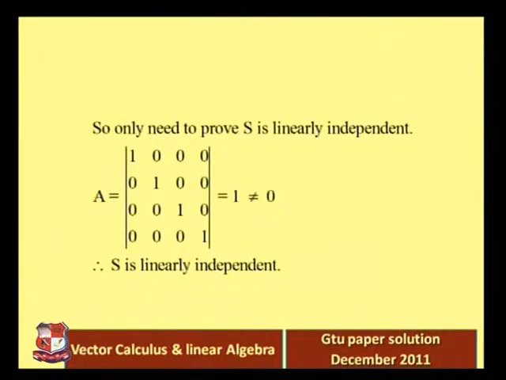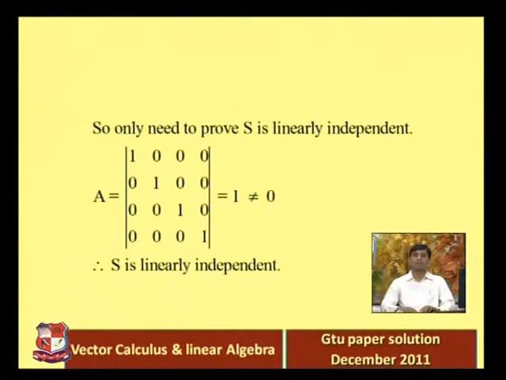So we only need to prove S is linearly independent. The determinant of A is 1 0 0 0, 0 1 0 0, 0 0 1 0, 0 0 0 1. Clearly the value of this determinant is equal to 1, because we have 1 only on the main diagonal and all other elements are 0.